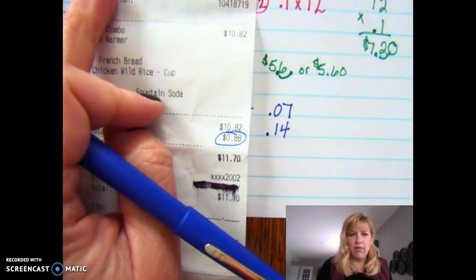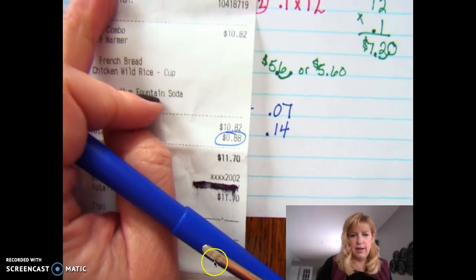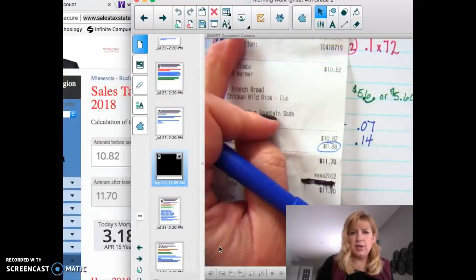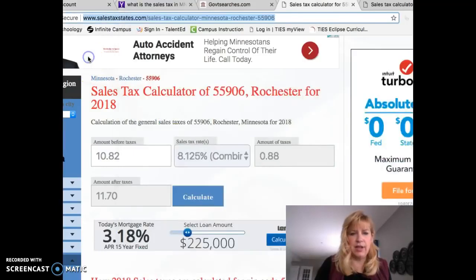I'm going to click over really quickly to the tax calculator, and notice that I used my receipt in Rochester, Minnesota, where they have a city tax that's on top of it, so they pay 8.125%, or around 8% in Rochester. So the same sandwich is going to be a little more expensive. So the tax on that sandwich was 88 cents, which you see here, bringing us a total of $11.70.